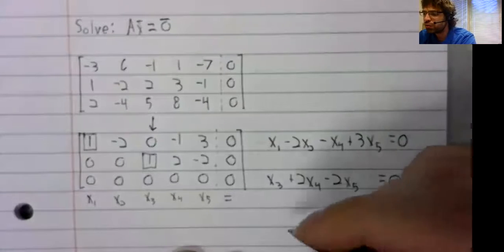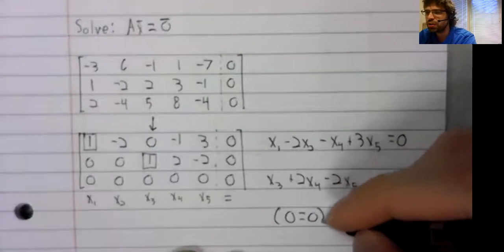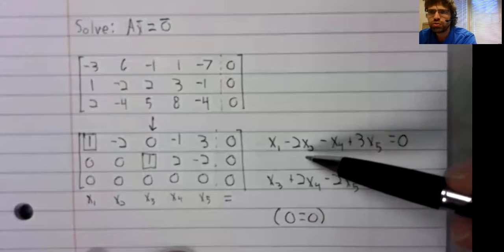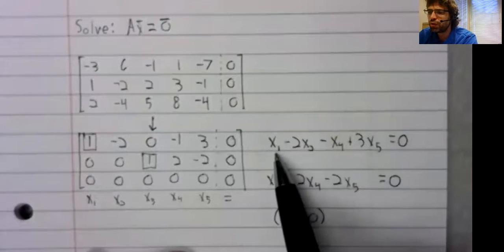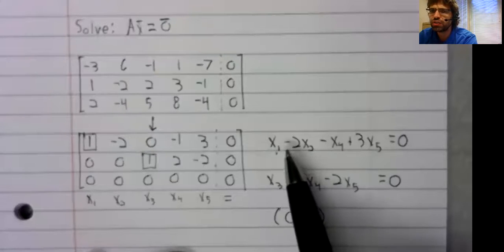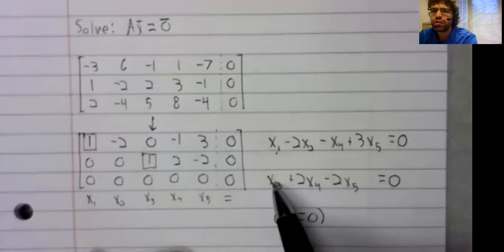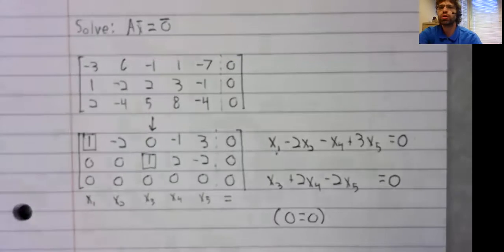The third row rather unhelpfully tells us that 0 equals 0. I'm going to pause this recording now, and what you'll see when I unpause it is an equation for x sub 1 with x sub 1 by itself on the left. We'll move all of these over here. And an equation for x sub 3 with these two terms moved over on the right.